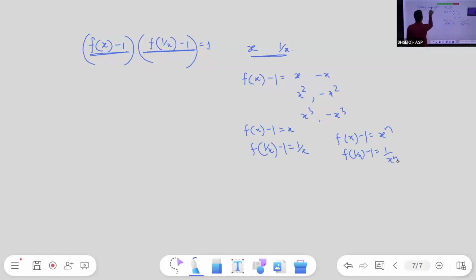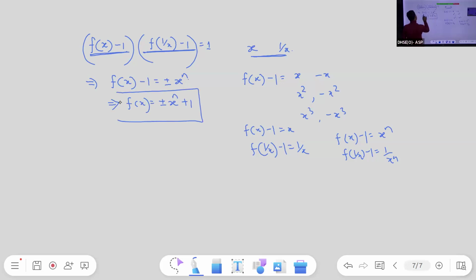So the above equation is possible, which implies f of x minus 1 is equal to plus or minus x to the power n. This implies f of x is equal to plus or minus x to the power n plus 1. This is the proof.